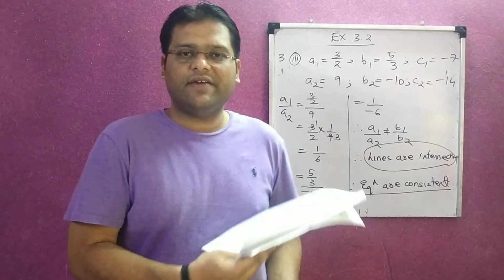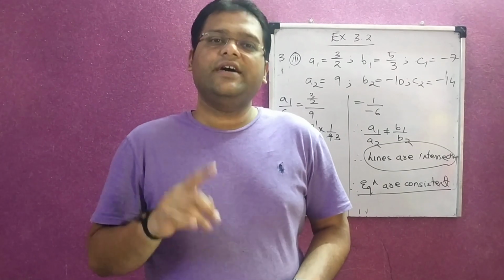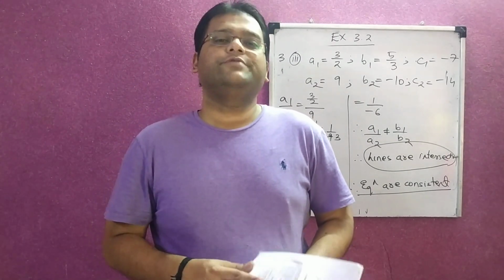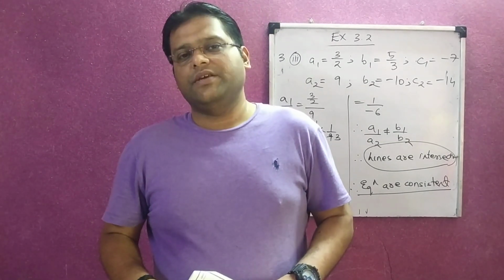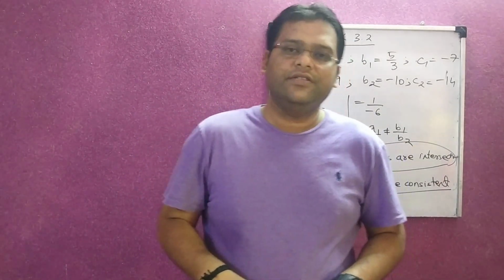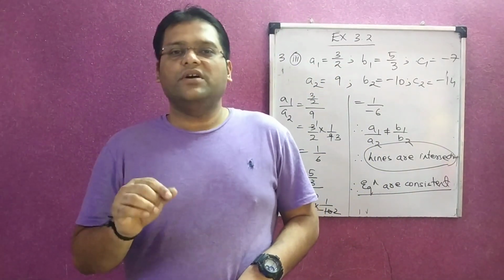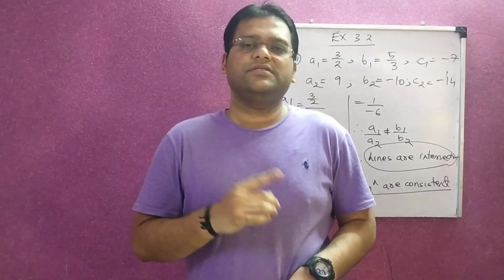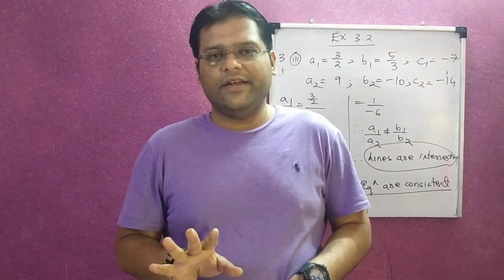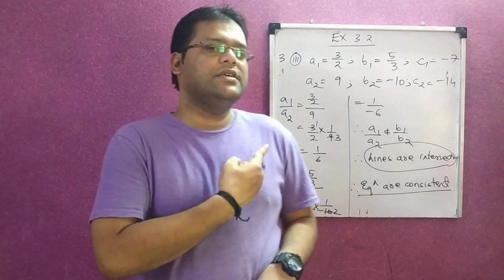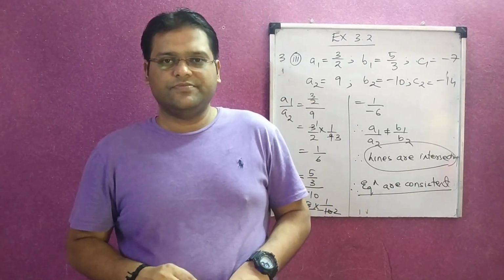So same as what we have done over here. And if they are consistent, you have to obtain the solution graphically. That means same as we had done in question number 1. Right? First decide whether they are consistent or inconsistent. How are you going to decide? In the same manner what we have done over here.